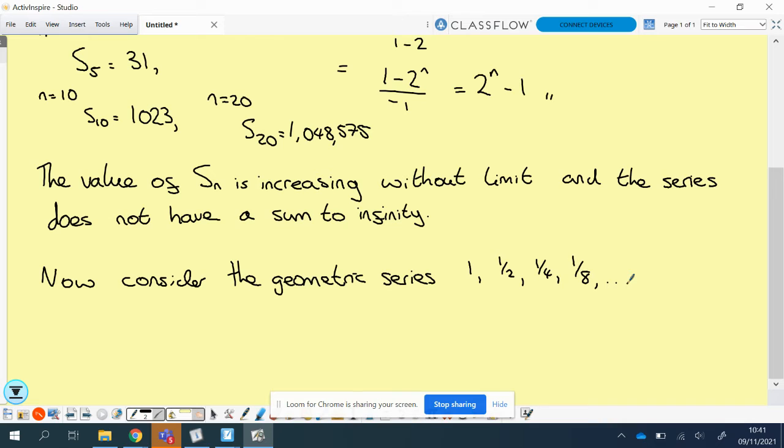So here's just another geometric series. Let's see what would happen if we try to work out an expression for the summation of this. We can see here that a would equal 1, so that's our first term again. However, the ratio would be a half. We're halving every term to get the next term here, so r would be the value of a half.